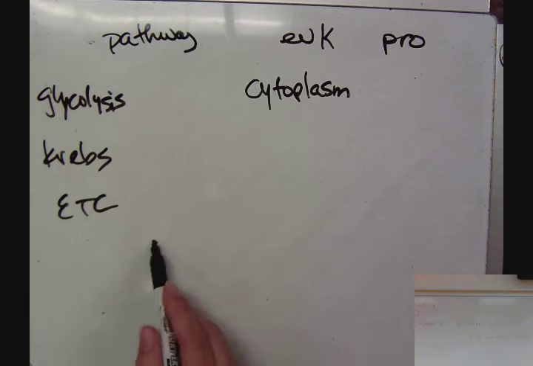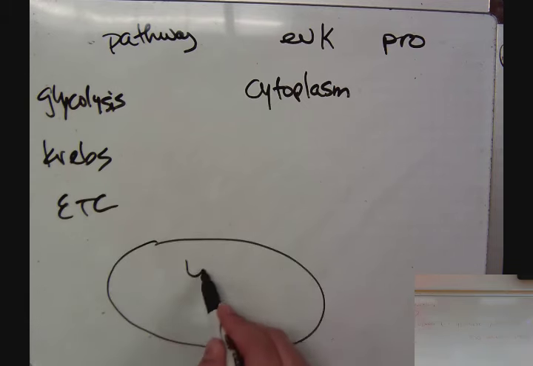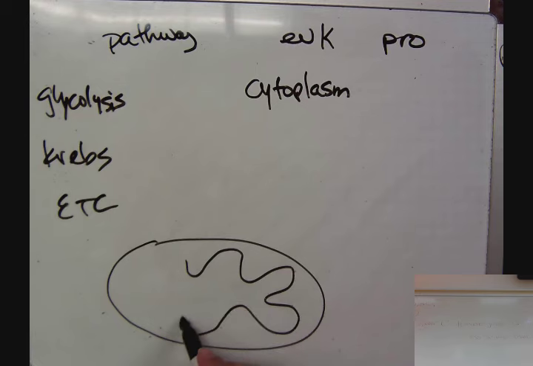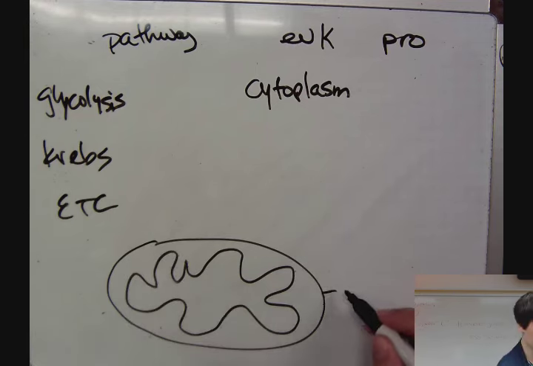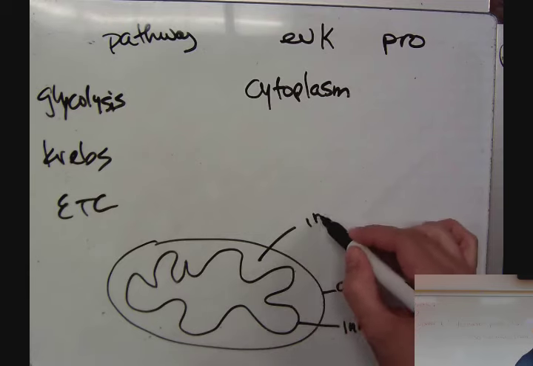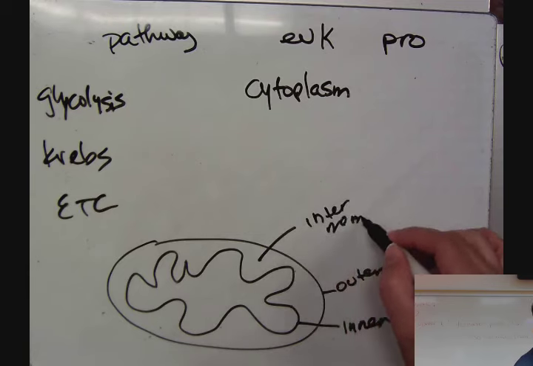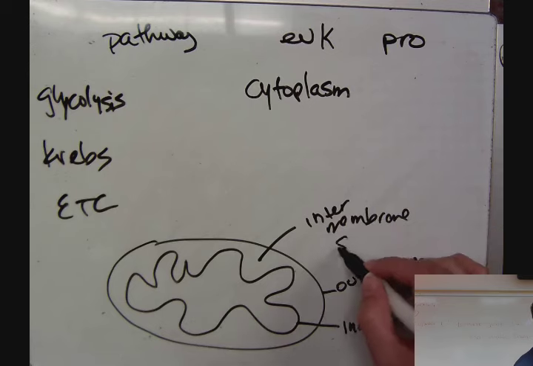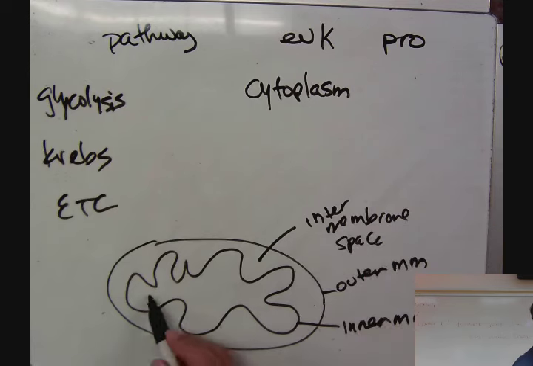Now let's just draw ourselves a little mitochondrion so that we can decide where it is. Remember that mitochondria have not one, but two lipid bilayers. So here's the outer mitochondrial membrane and the inner mitochondrial membrane. This here is the intermembrane space. And then what's the center called? Does anyone remember?